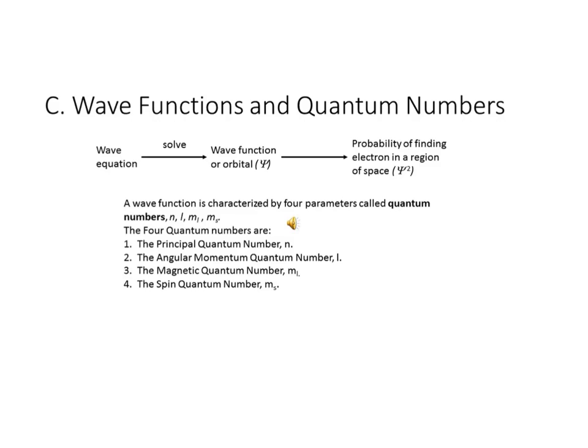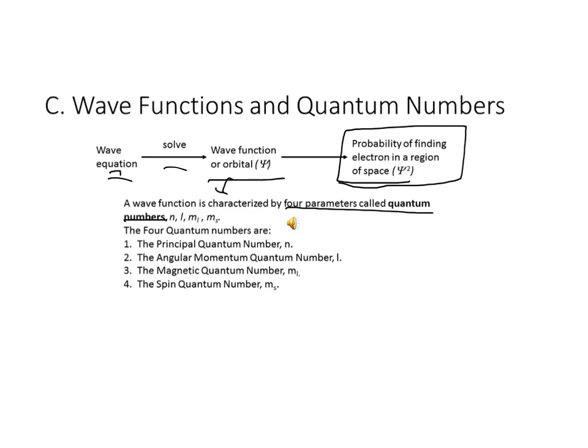Your wave function is characterized, let's go through this. Your wave equation is solved, and when the wave equation is solved, you get a wave function. When you square that wave function, you get the probable region around the nucleus where you are likely to find an electron. This wave function can be described using 4 quantum numbers.